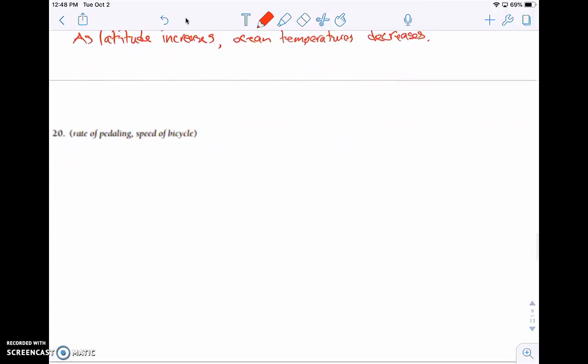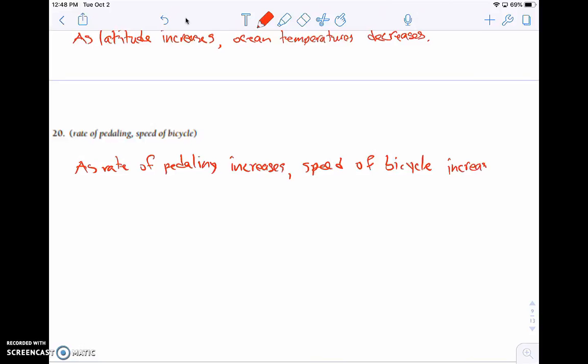Okay, another one. This takes us back to the good old days of riding the bikes. The rate of pedaling and the speed of your bicycle. Okay, if you think about it, as the rate of pedaling increases, in general, no matter what gear you're in, the speed of the bicycle also increases.